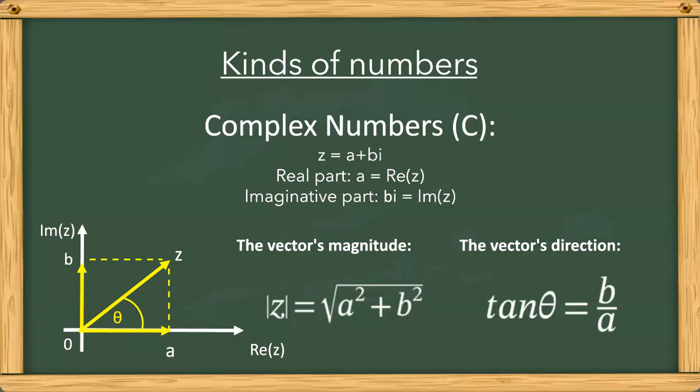The tangent of theta is equal to the fraction with b in the numerator and a in the denominator. So this is a full presentation of all the kinds of numbers.